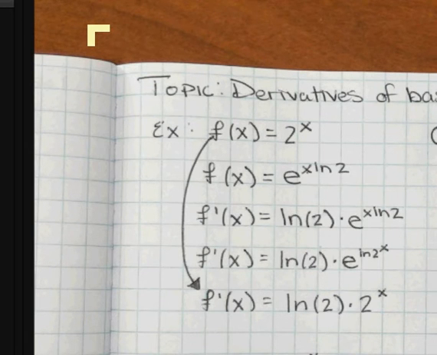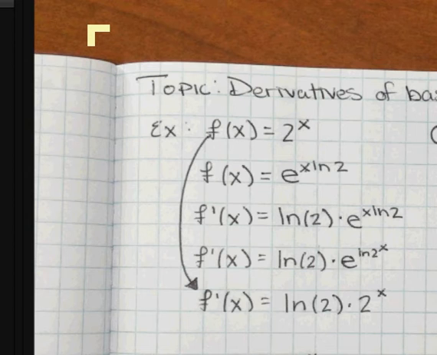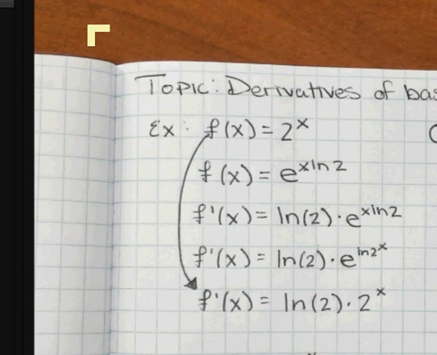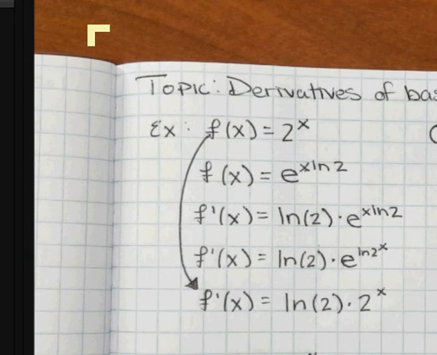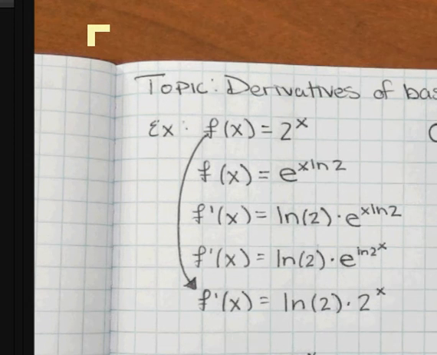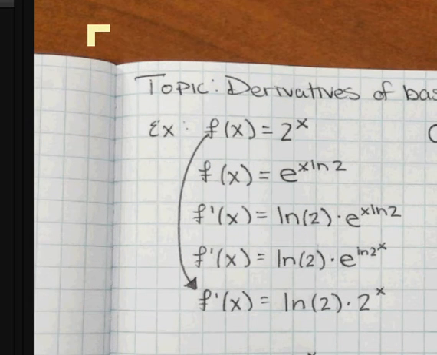So 3 is my base, so I'm going to do the natural log of 3, right? Times the original, which is 3 to the x. Let's go through and simplify if I can. Derivative of x is just 1, so it ends up being natural log of 3 times 3 to the x.